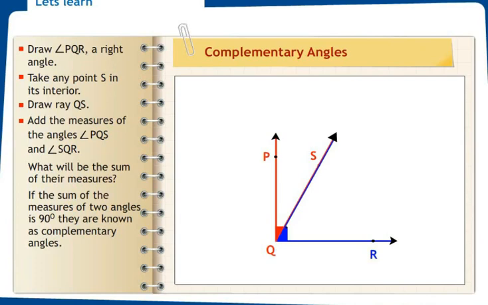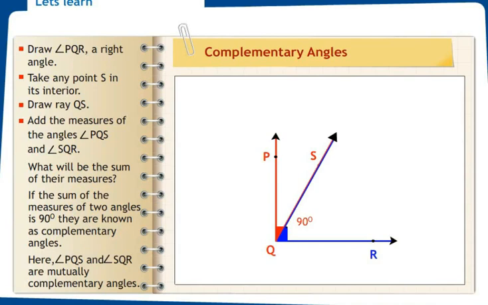When two angles are added, the summation is 90 degree, and hence they are known as complementary angles.